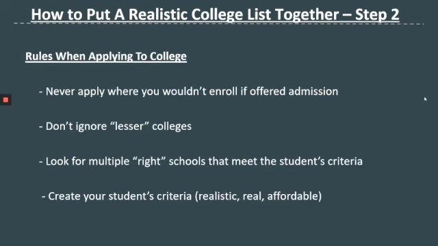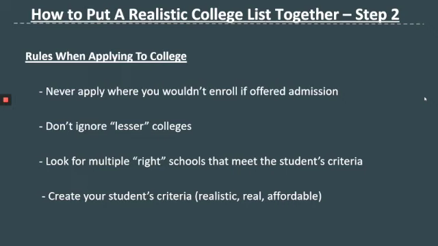Step 2, we want to make sure that we have a couple of rules, and these are guidelines that we like to encourage families to consider. A student should never apply where they aren't really interested in enrolling. And what we mean by that is the process we just helped you go through should absolutely help you identify the ideal types of schools, reaches, matches, and safeties that meet your criteria and that your student hopefully is excited about potentially attending.